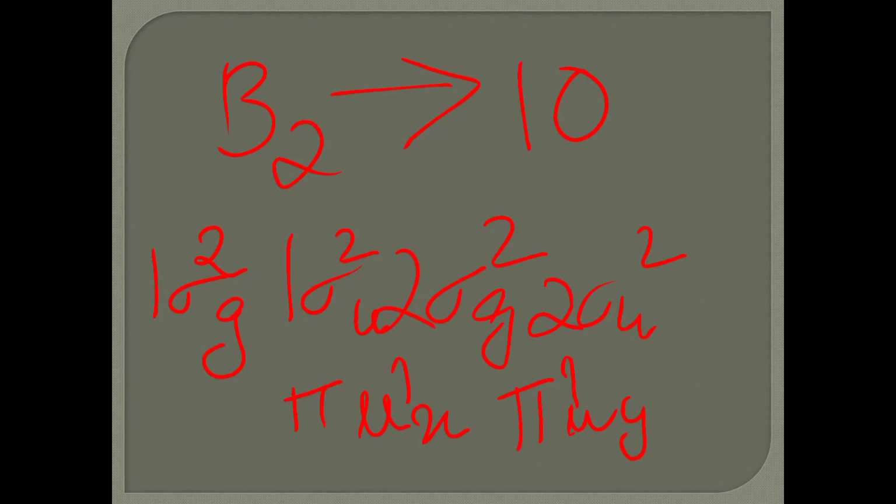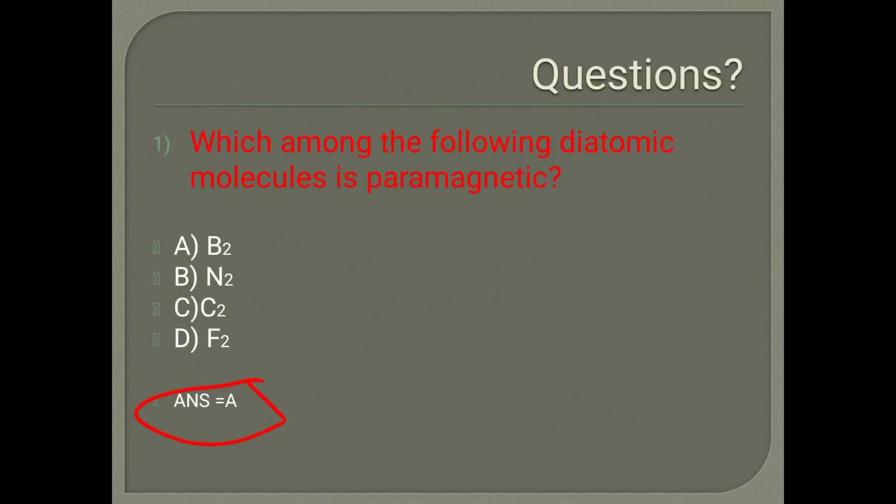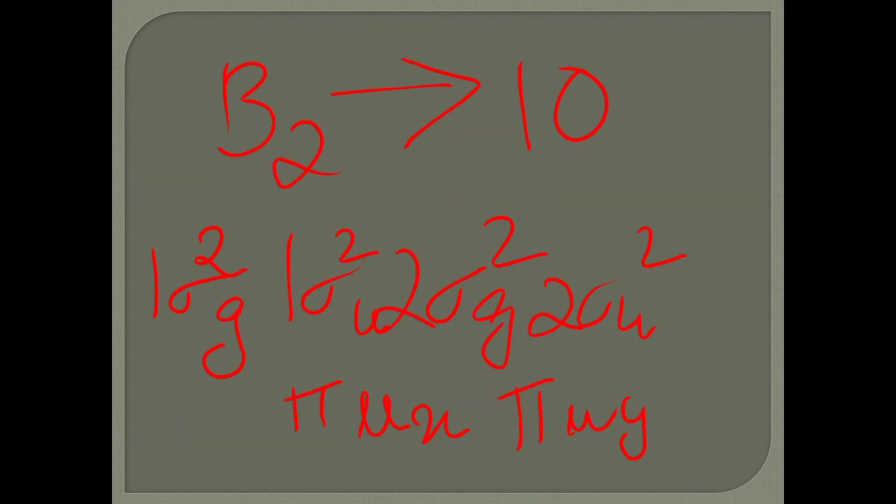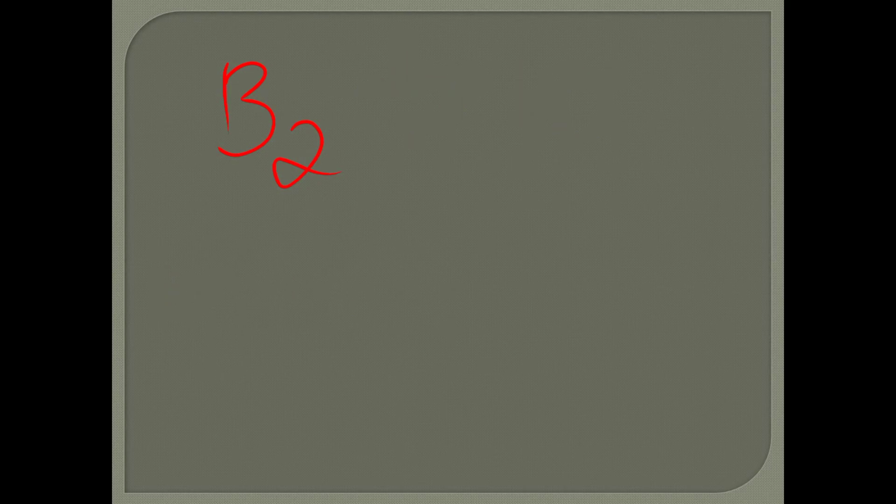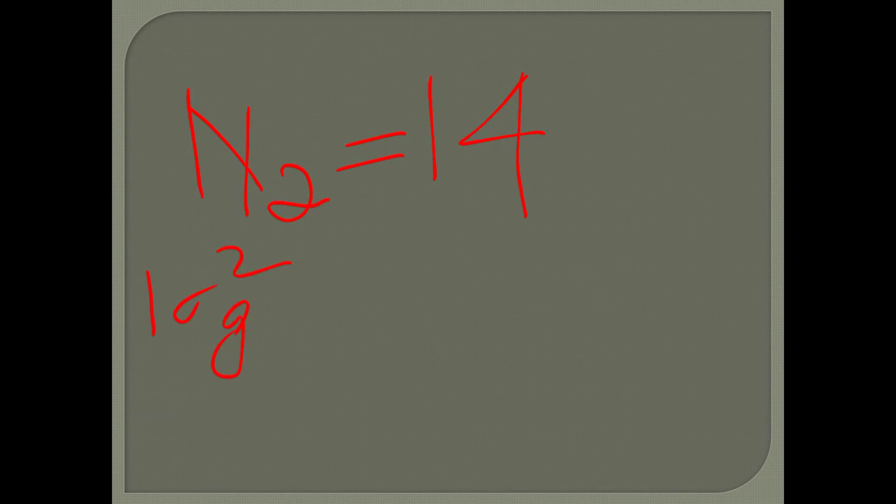For practice or for confirmation, let us take another example, that is nitrogen, N2. I'll erase all this and let's do it for nitrogen. Each atom has atomic number 7, so the total is 14. Let's fill 1 sigma g 2, 1 sigma u 2, 2 sigma g 2, 2 sigma u 2.